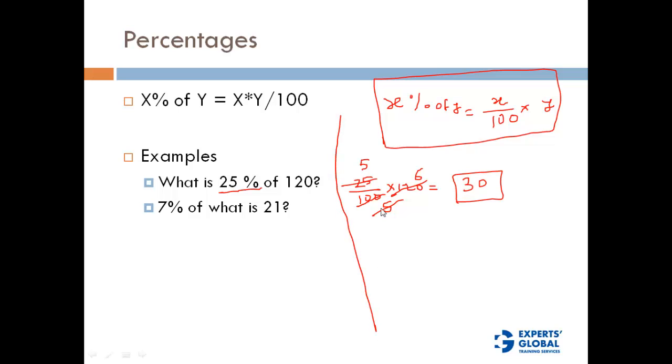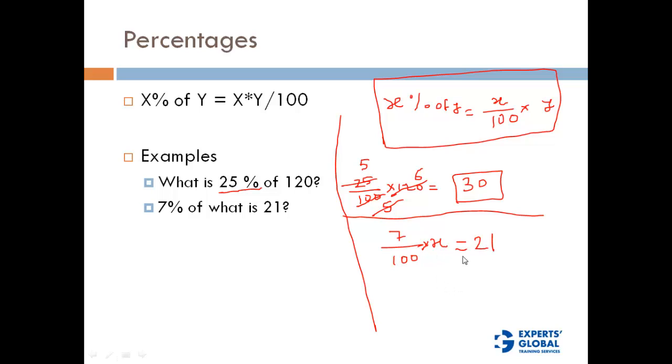Second type of questions can be: 7% of what is 21? So 7% of, let's say, x. 7% of x, that means 7 divided by 100 into x is 21.